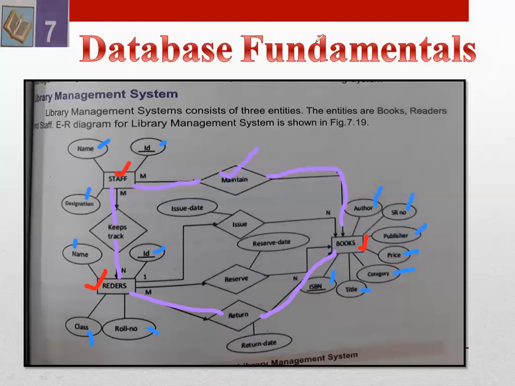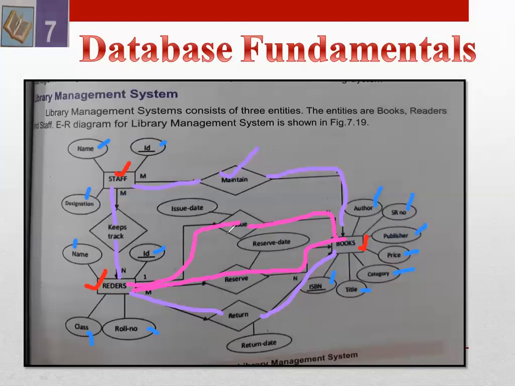The reader reserves books. And one more relationship we have, the reader issues books.